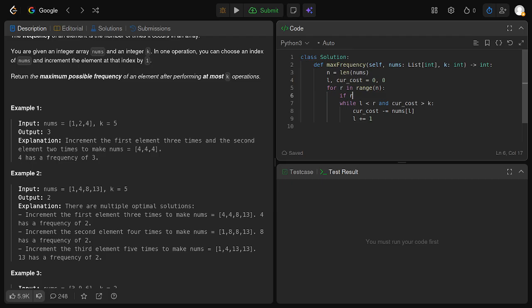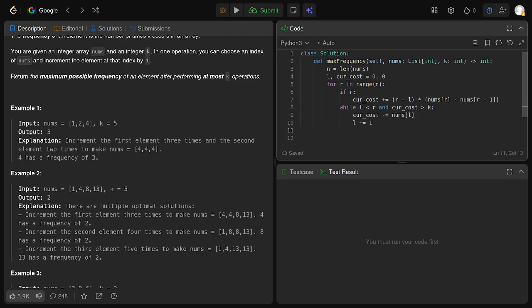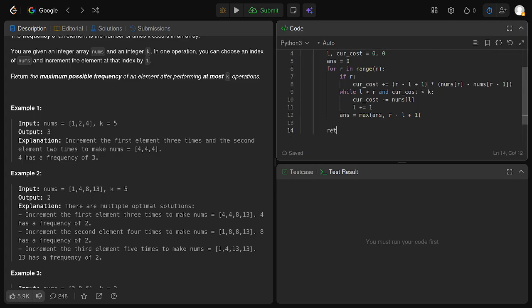So current cost plus equals r minus l times nums r minus nums r minus 1, and then ans is max of ans and r minus l, that's the number of numbers, plus 1, and then ans is 0, and then we just return answer.